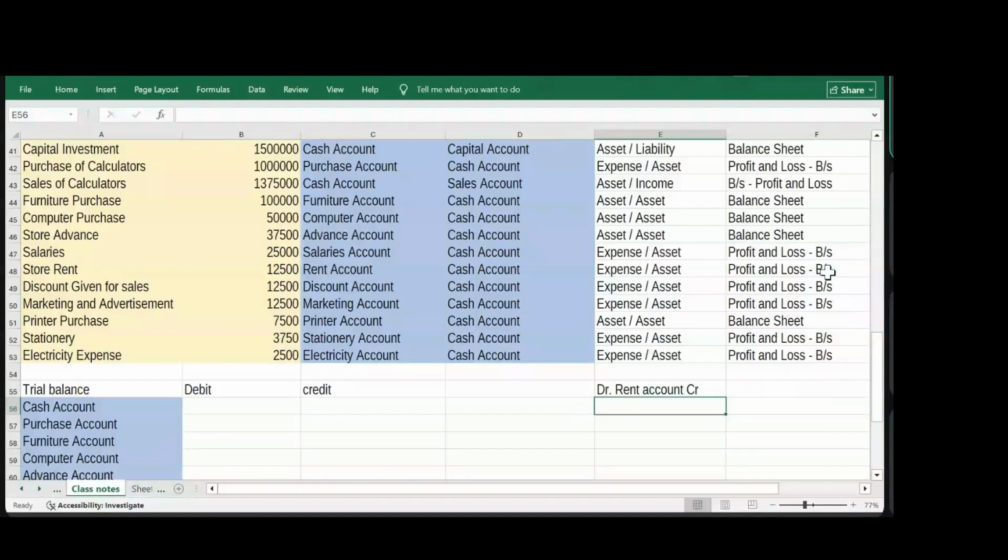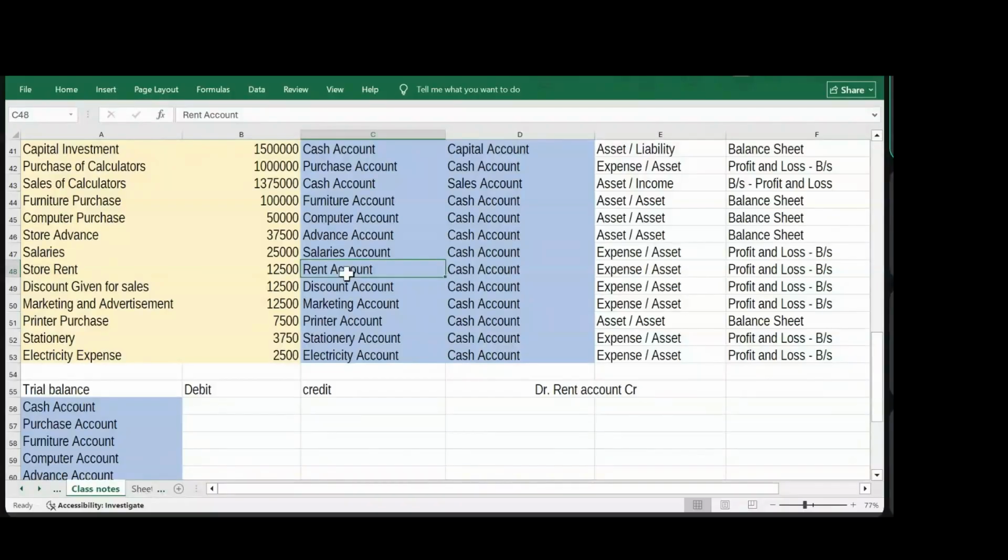Whenever we are going to discuss further, you should always draw a T account and then see what is debited and what is credited. What will be debited and what will be credited for this rent account? In our example, only one is there.